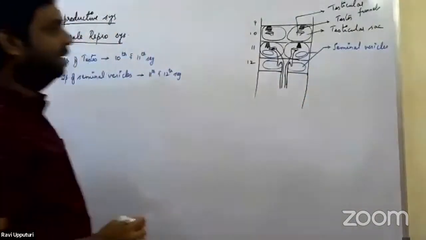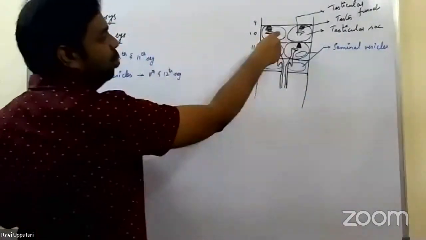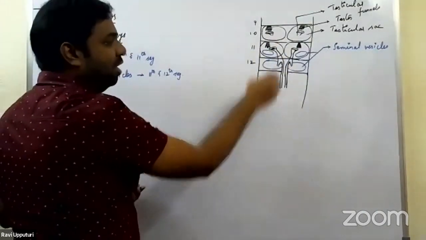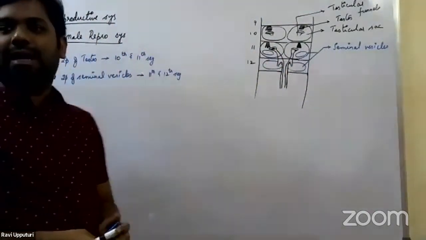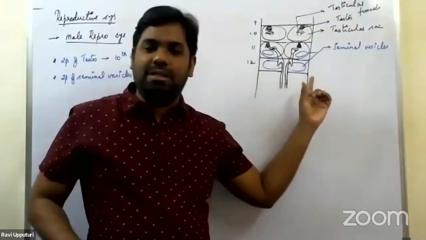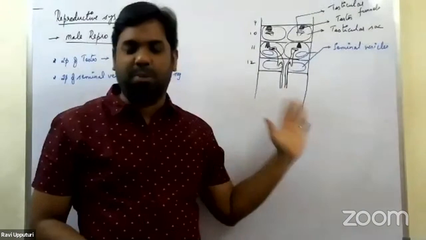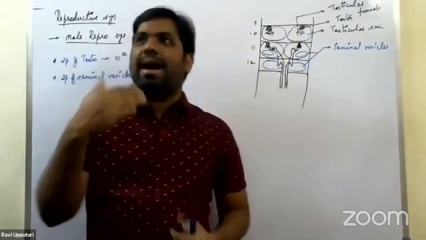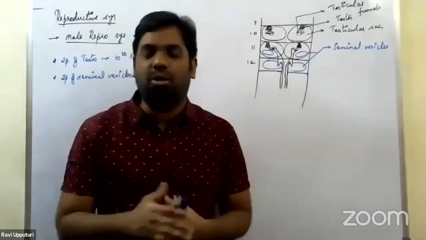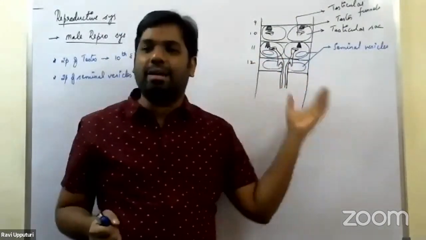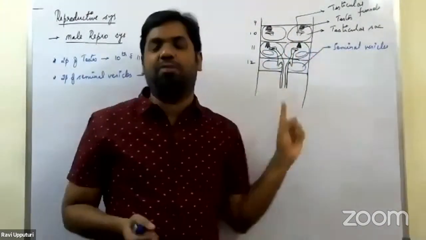So what exactly is happening? Like this, we have two more coming into this seminal vesicle, and two more vas deferens are seated. The seminal vesicle is responsible for maturation of sperms. As and when the sperms are formed by the testis, they are collected by the testicular funnels.